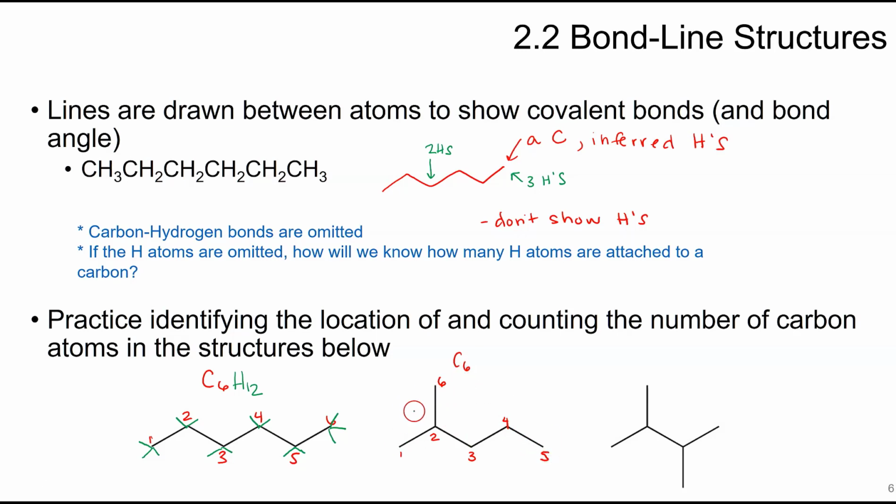There's 2 here, and 2 here. 3, 6, 9, 10, 11, 12, 13, 14. This one's 14 also. This has 1, 2, 3, 4, 5, 6, C6, and then there's 3, 6, 9, 12, 13, 14.